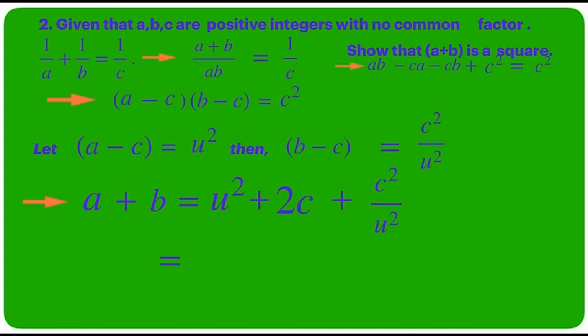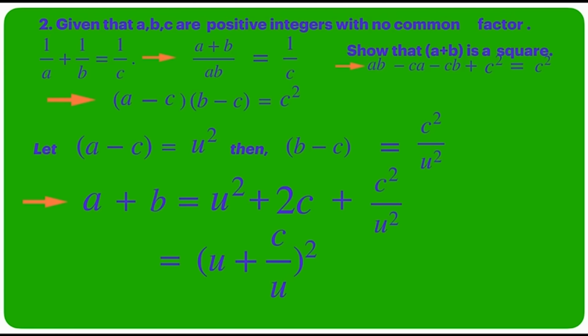So we can write u plus c by u whole square, and it is previously stated that u is a divisor of c, because u is a divisor of a minus c. A minus c is u square, so u is a divisor of a minus c, and a minus c gives a common factor to u.